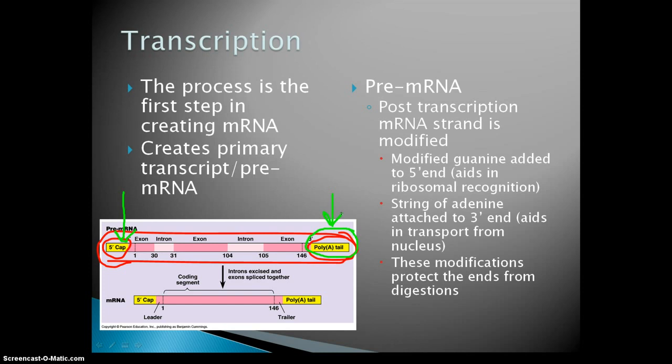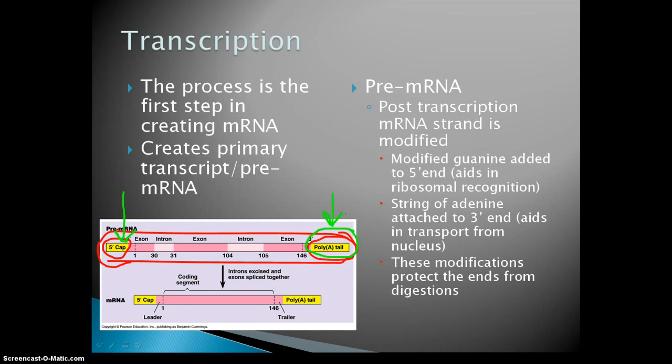Again, transcription, the process that generates this primary transcript or pre-mRNA, occurs in the nucleus. This modification that we're talking about in this presentation happens in the nucleus. But then the messenger RNA needs to be removed from the nucleus because the next step happens outside the nucleus. So this poly-A tail actually helps get the messenger RNA out of the nucleus so that it can be used.